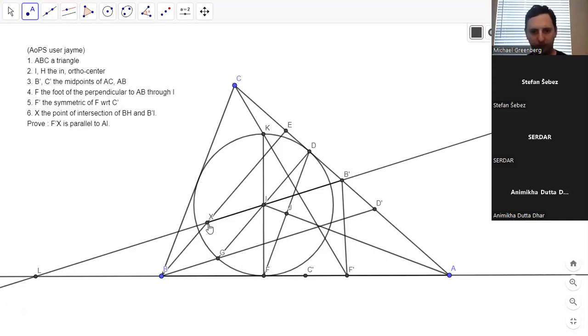Wait, how does this work? Or X. Yeah, I wanted to use this as a parallelogram, but I'm not sure how easy that is. Or IX over AF, sorry. Intersect AI with BE. Okay, AI with BE.